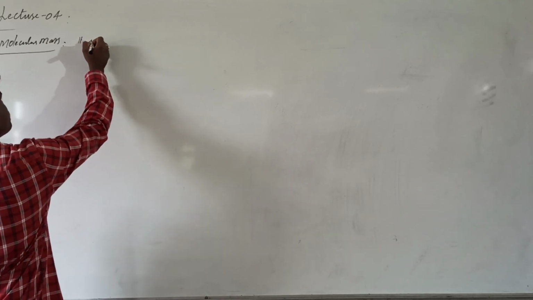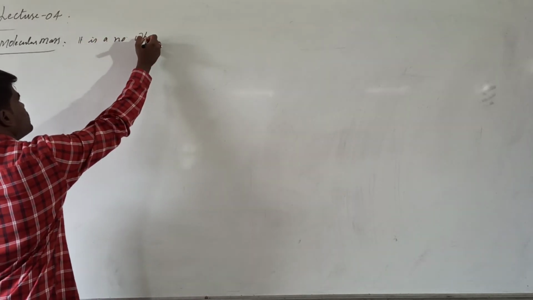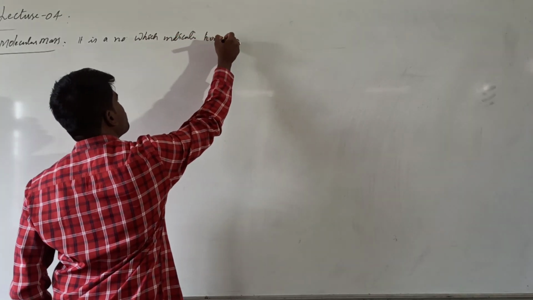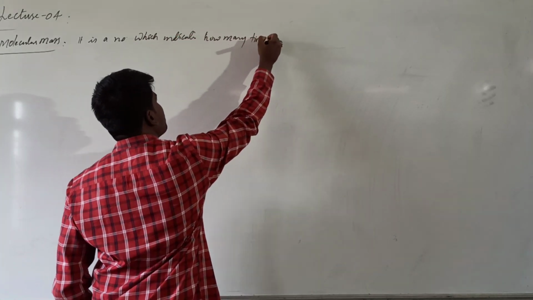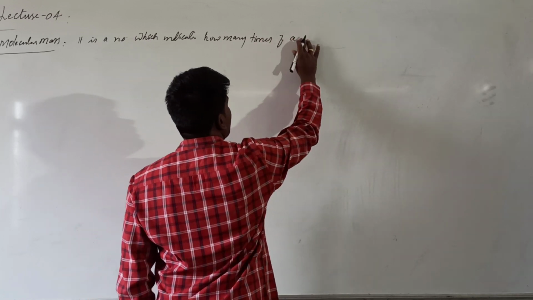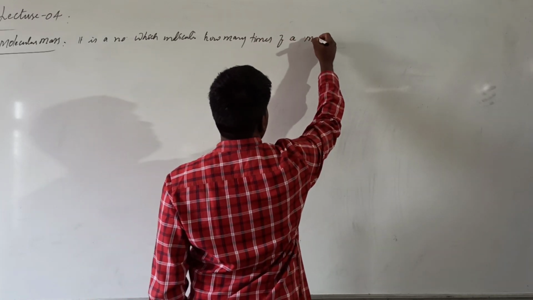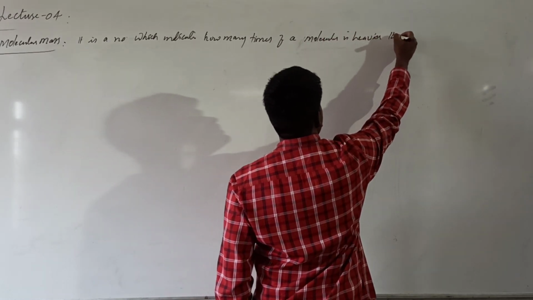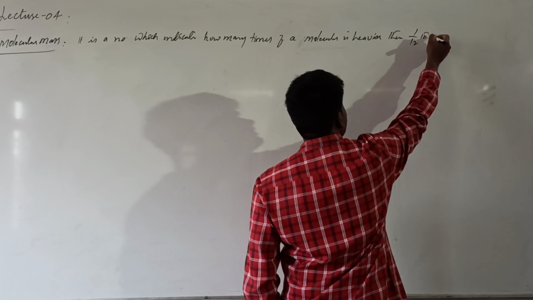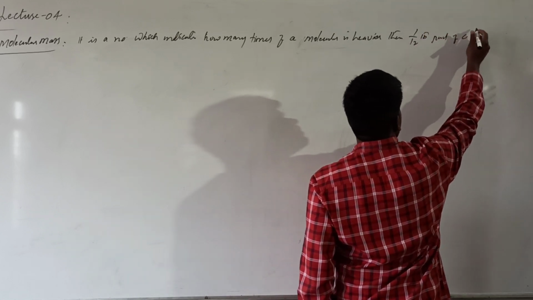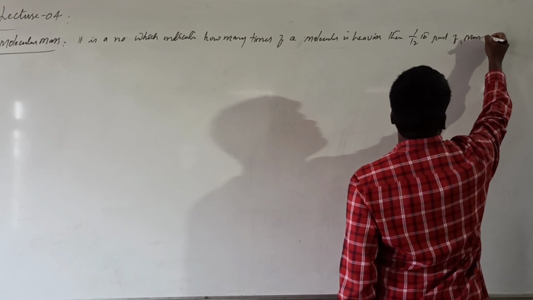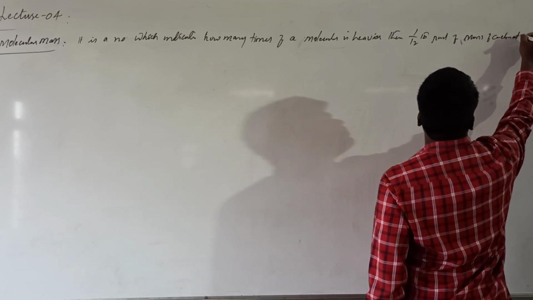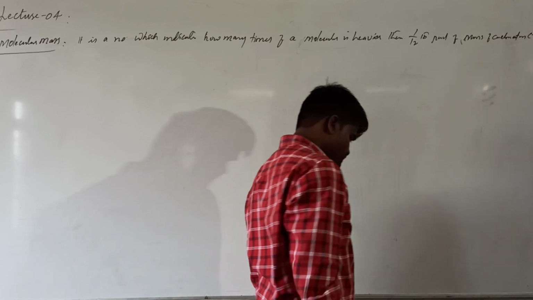It is a number which indicates how many times a molecule is heavier than 1/12 part of the mass of a carbon atom of C-12 isotope.